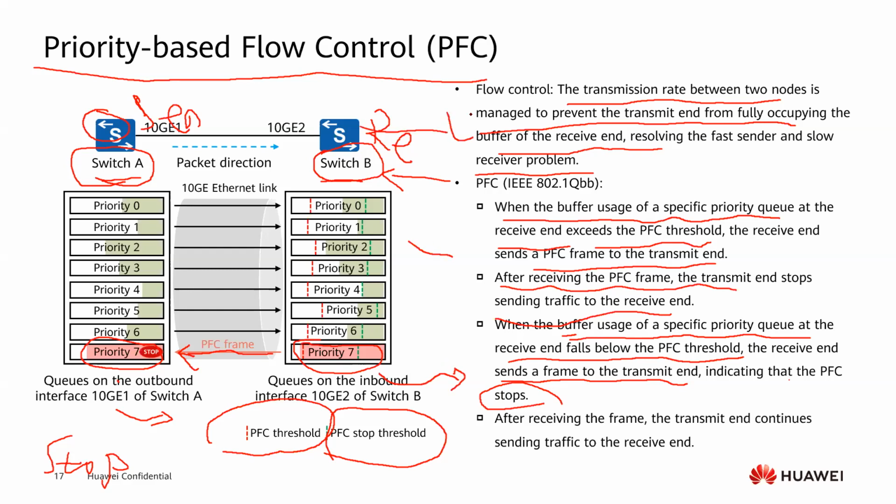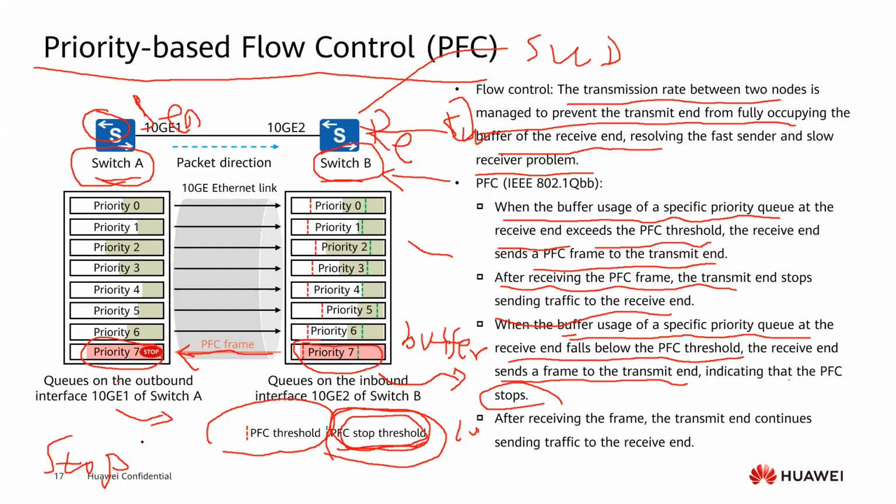Okay, and after a time, because switch B will send the stored packets to other devices, maybe switch C or maybe switch D, after a while the buffer is lower than the PFC stop threshold. Okay, reached the PFC stop threshold.